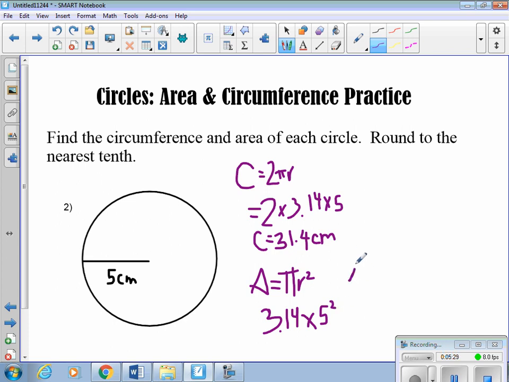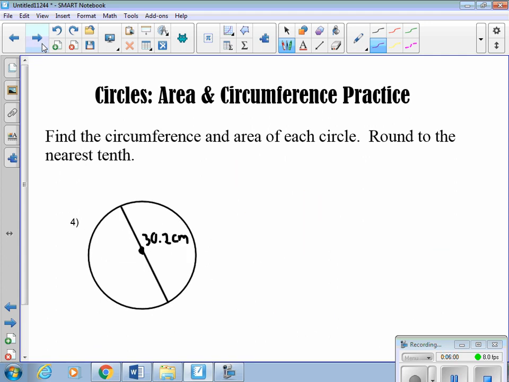And when I do that, I get an area of 78.5. Not forgetting my units, centimeters. It's area, so it's squared. Okay. Area and circumference is a little bit easier than others because really you're given all the information except for either the radius or the diameter, and that's given to you within the picture.